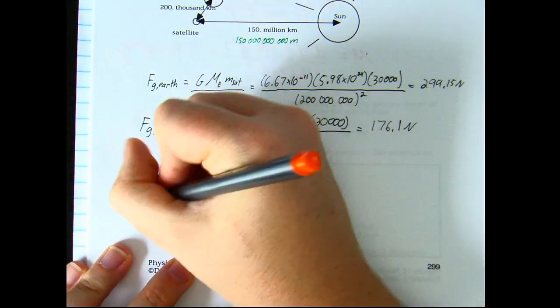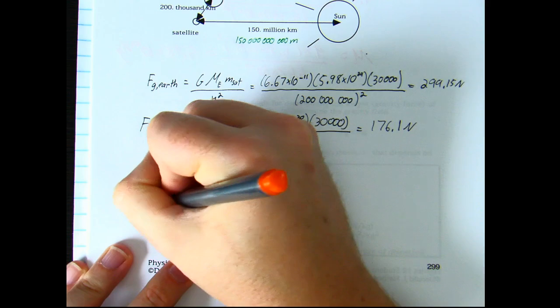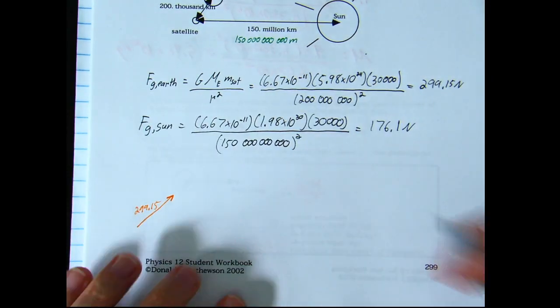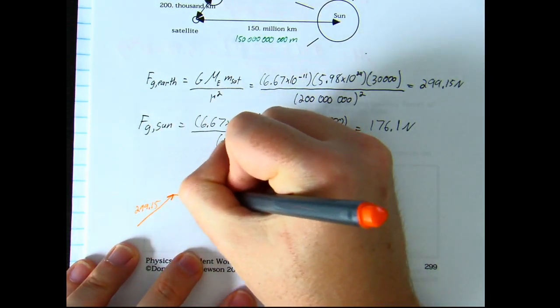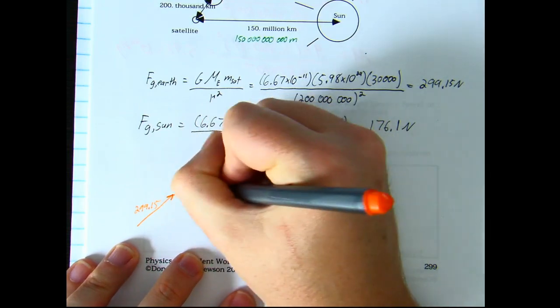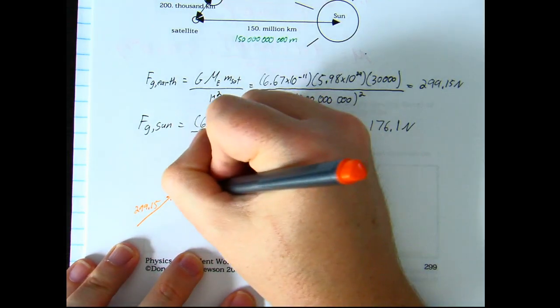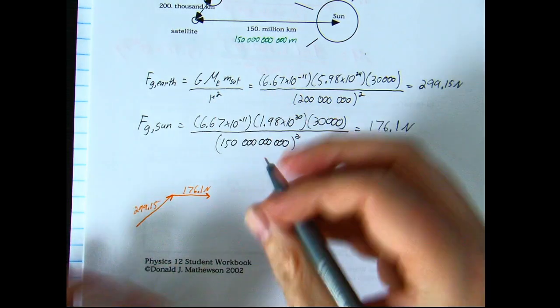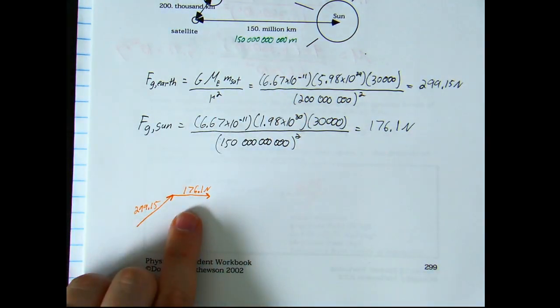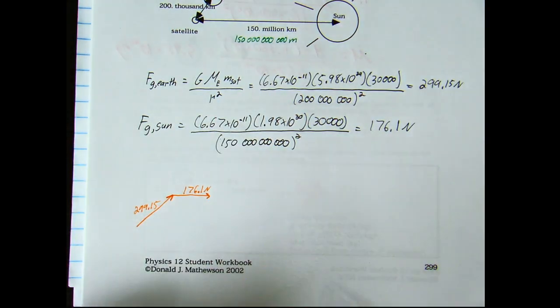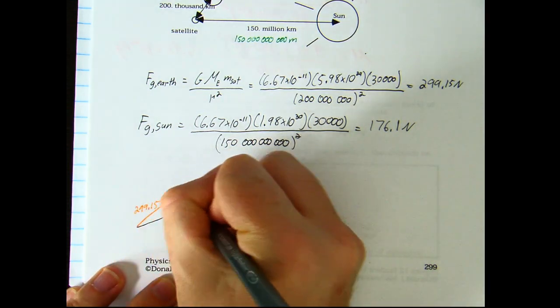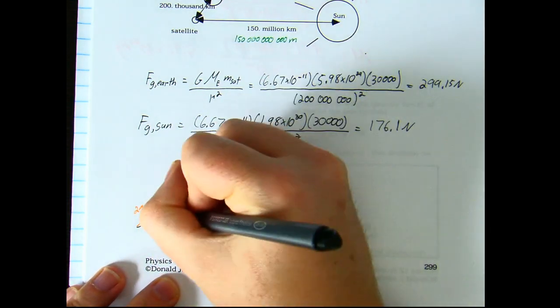I've got my 299.15 newtons, and I've got my 176.1 newtons. So when I'm adding, again, remember, we're adding tip to tail. This guy here is going to be my F net.